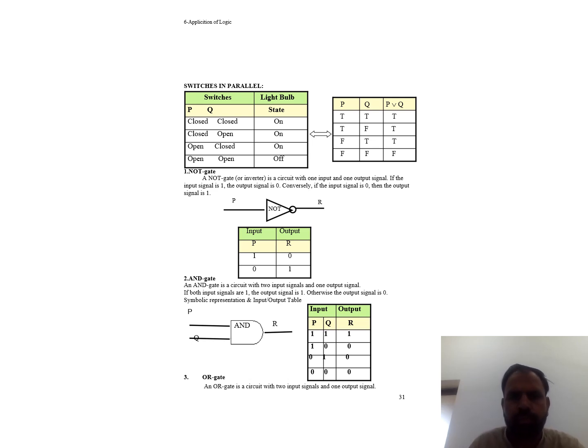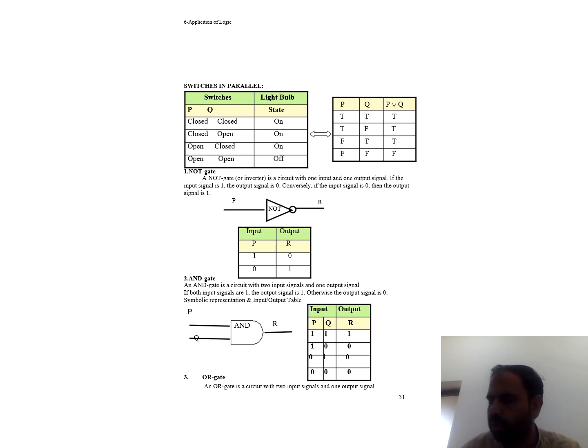If we make it equivalent to the form P Q OR, in parallel we can say this is OR. If P true, Q true, then it's true. P true, Q false, then it's true. And if both are false, then it's false.